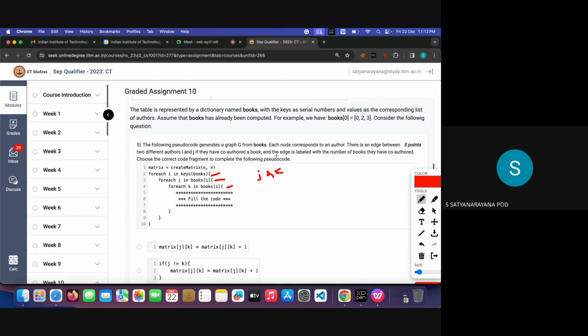Only if they have co-authored books are we increasing it. Co-authored books means if they have published the same book. Each label is the number of books they have co-authored. So that book number is already given.